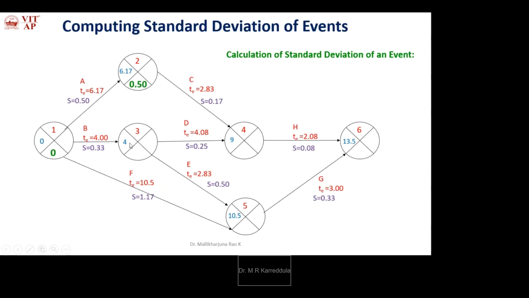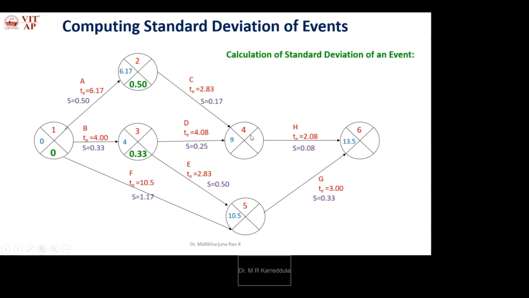For 3, what is the standard deviation? Its previous event is 1, whose standard deviation is 0. 0 plus 0.33. This way we calculate. Next, 4 has two previous events, 2 and 3, so we have two paths.